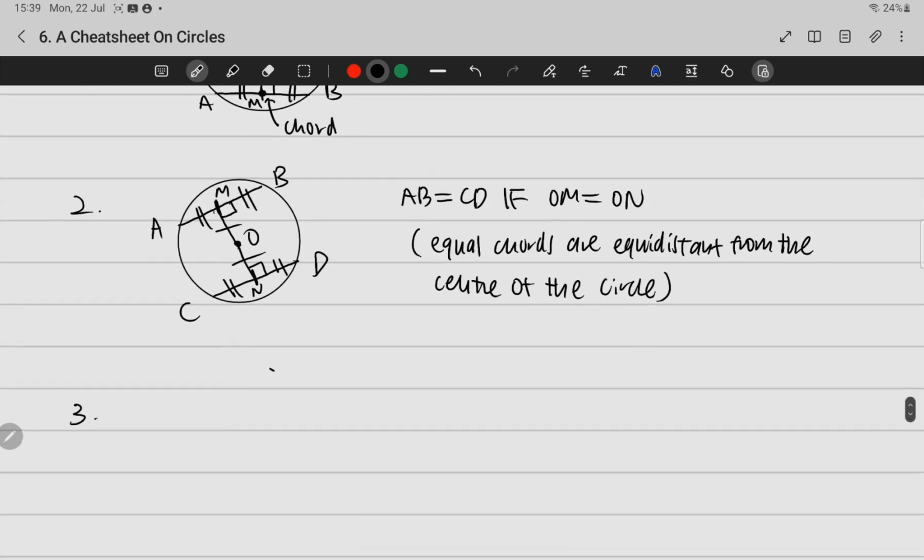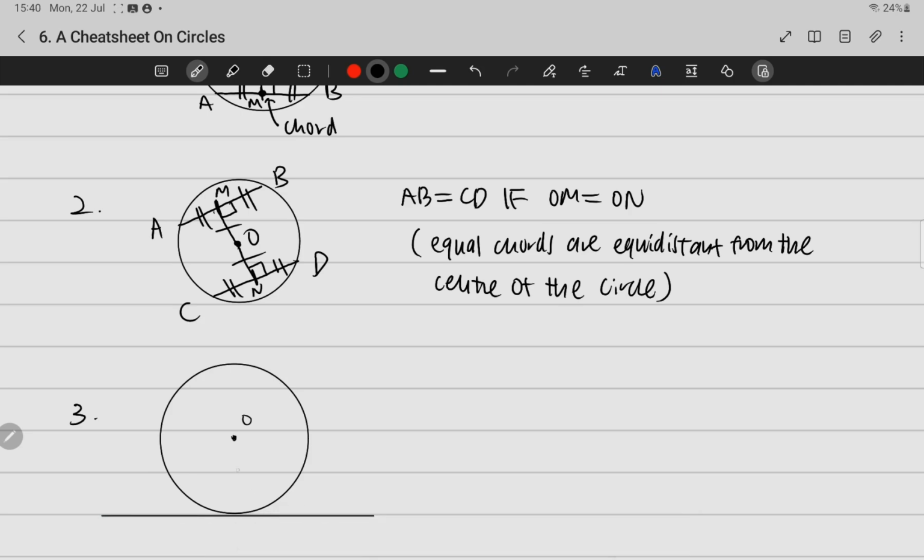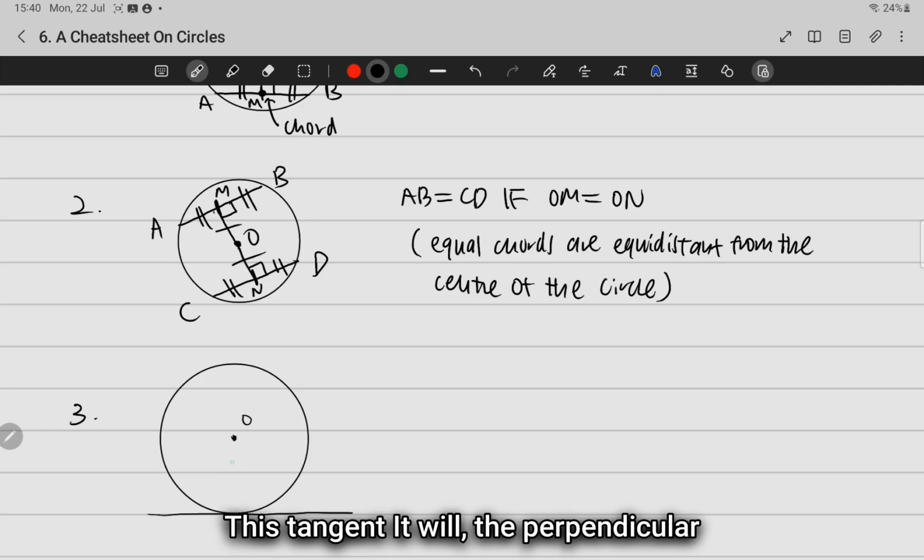Number 3. Now consider this circle over here. We have the center of the circle, let's call this O, and we have a tangent. Now, the normal of this tangent will cut through the center of the circle, and this will also be 90 degrees.